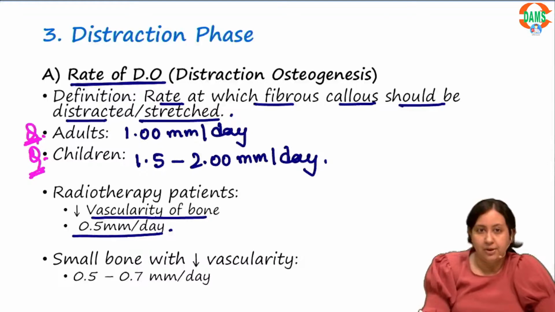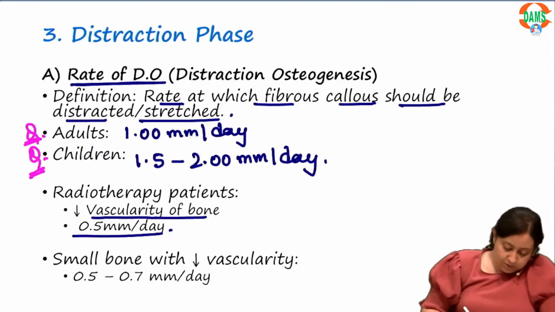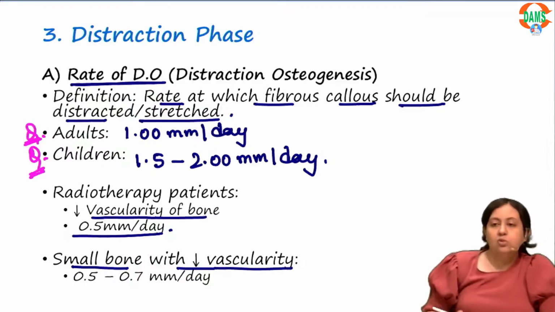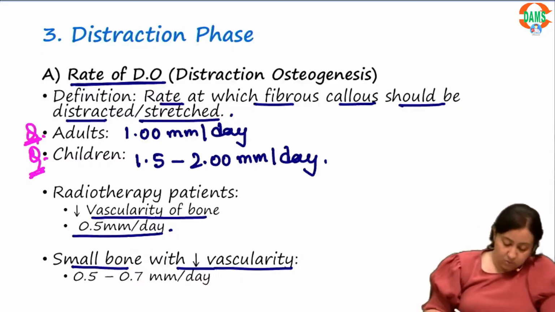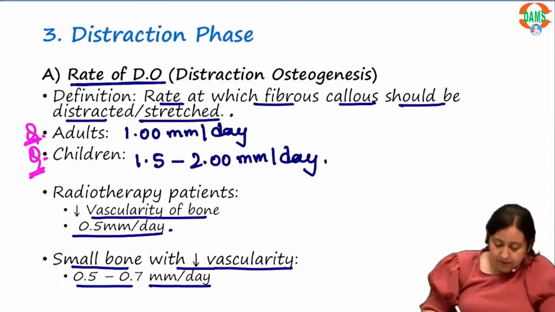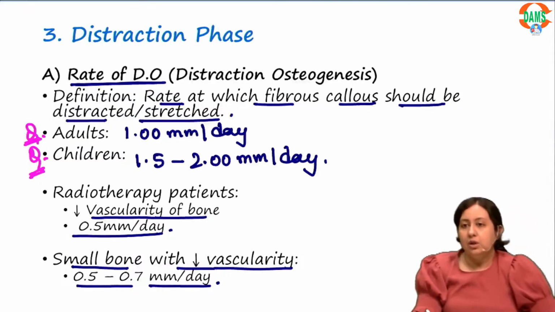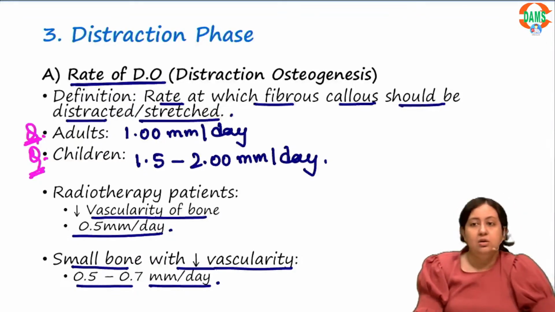And for small bones with decreased vascularity, naturally small bones are going to have less vascularity as compared to bigger bones, the rate is 0.5 to 0.7 mm per day. Okay. This is your rate of distraction osteogenesis.